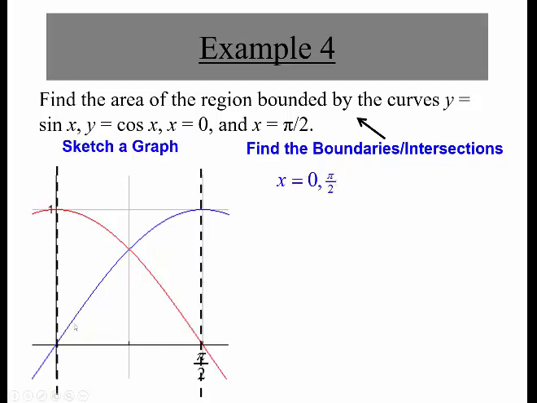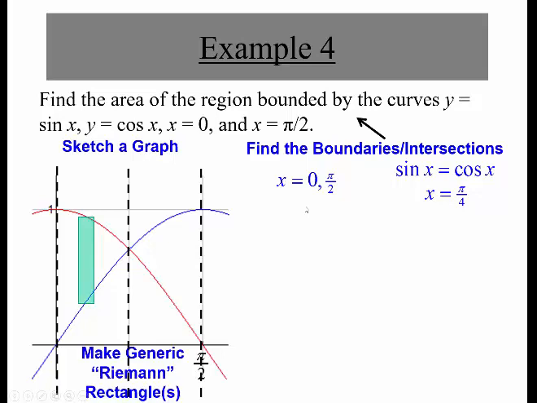So these 2 for sure. But when you set sine of x equal to cosine of x, that's going to happen at pi over 4. So when I put that in with a vertical line, it's telling me I'm going to have 2 integrals again. The red is the cosine, so in the first integral, that'll be at the top. And the blue is the sine graph, so in the second integral, that'll be at the top.